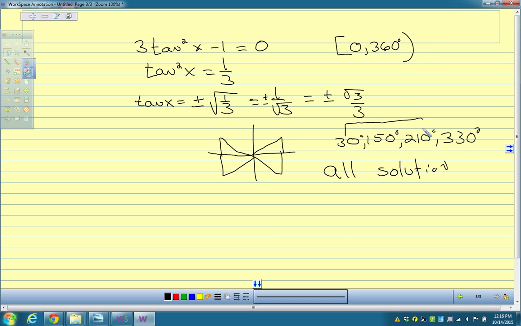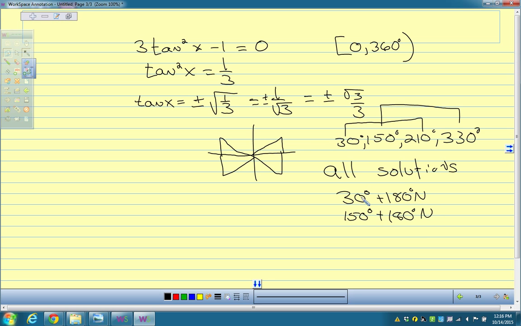If they asked you for all solutions, notice that 30 and 210 are how far apart? And 150 and 330? 180. So you could write all solutions like this: 30 degrees plus 180 times n, or 150 degrees plus 180 degrees times n.